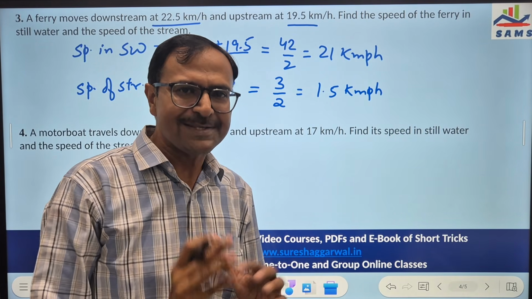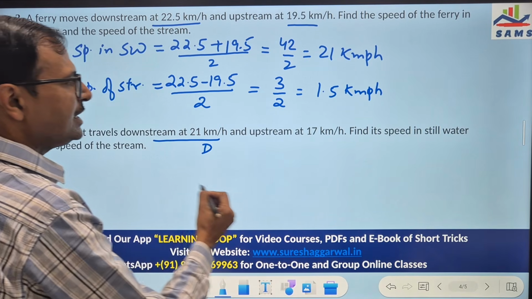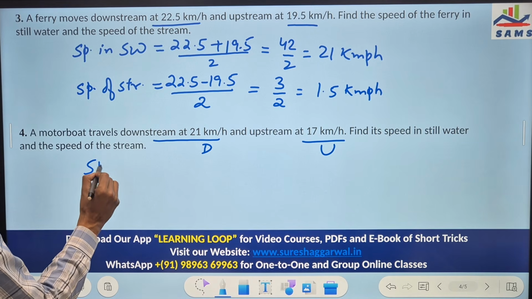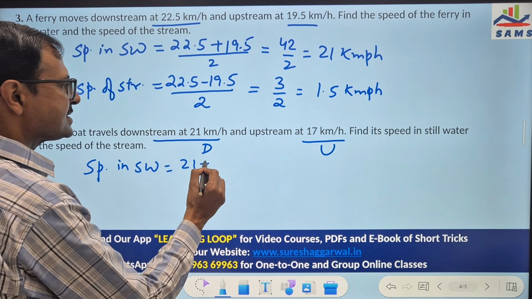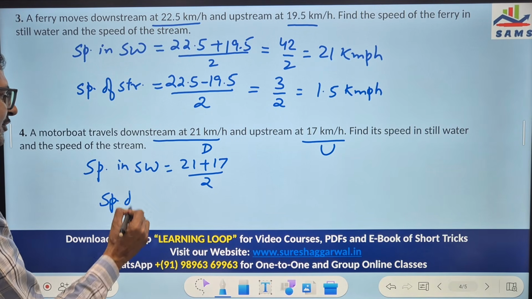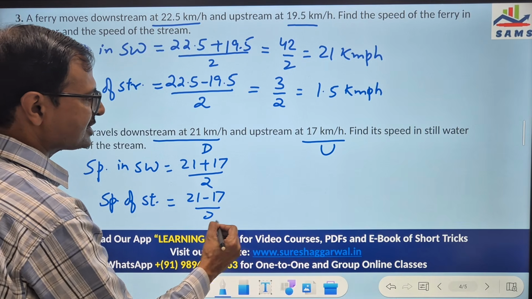Finding more easier now. Let's see one more. Downstream, so this is D. Upstream, so this is U. So the first speed, that is speed in still water, is 21 plus 17 by 2, and speed of stream will be 21 minus 17 by 2. This is pretty easy.